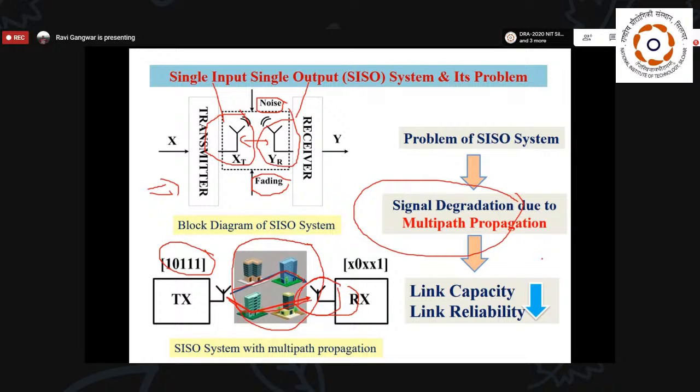So what technology, what concept can we use to solve such problems? The major problem in this single input single output system is multipath propagation.